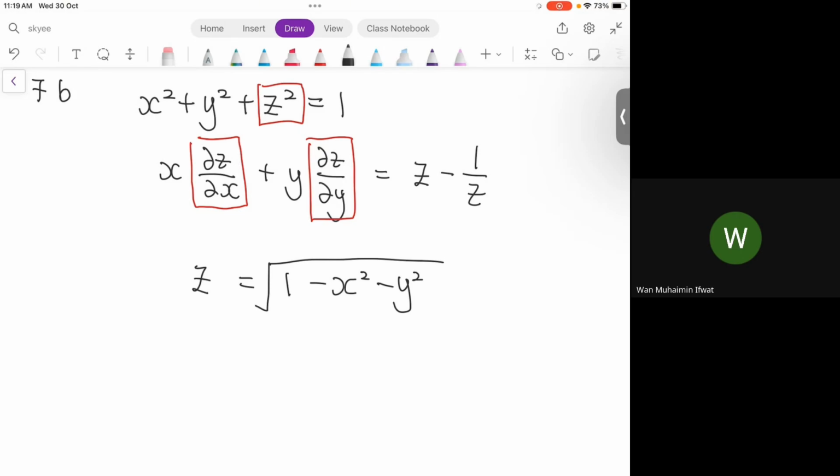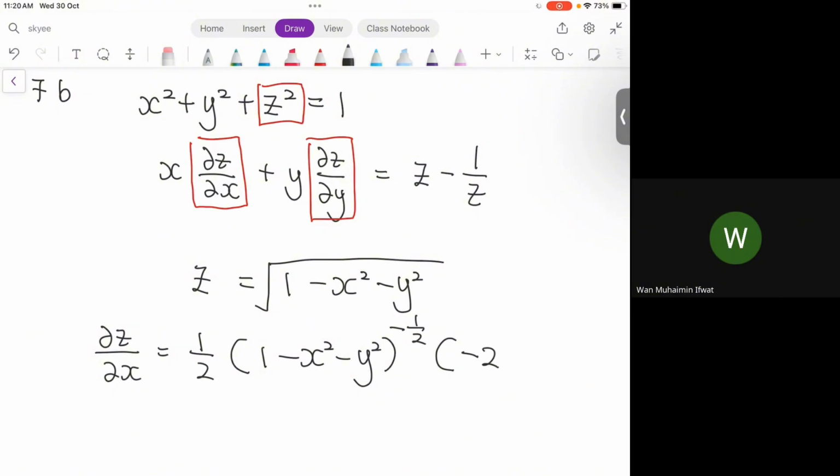So you need to find out what is the del z del x. Okay, you have a 1 over 2, right? So 1 over 2, 1 minus x squared minus y squared, to the power of negative 1 over 2. Now you differentiate with respect to x.